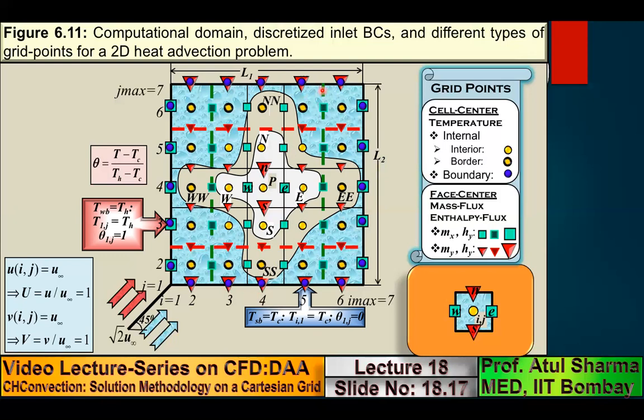Earlier I had mentioned that to calculate the enthalpy fluxes at the boundary, like on these green squares, you have green squares on the west boundary and east boundary.